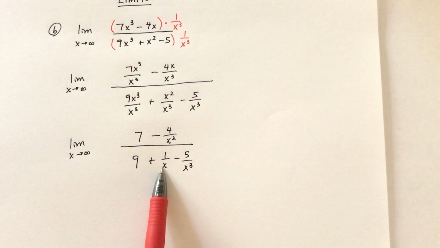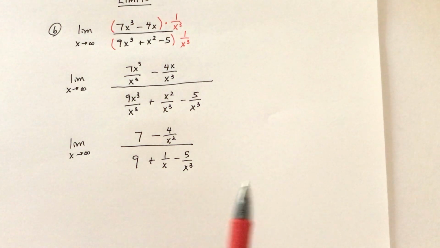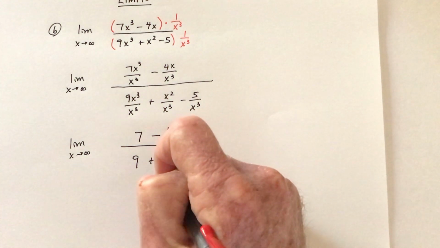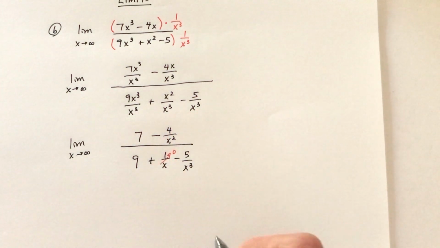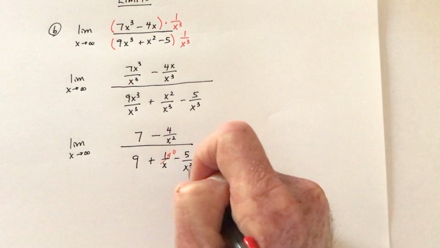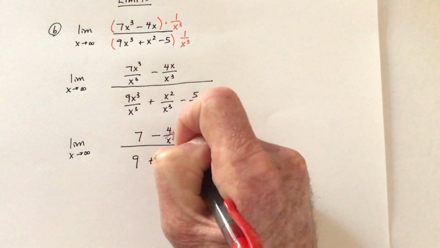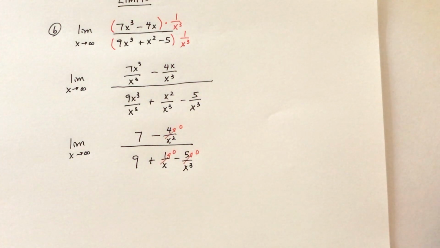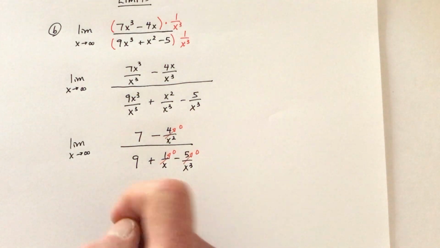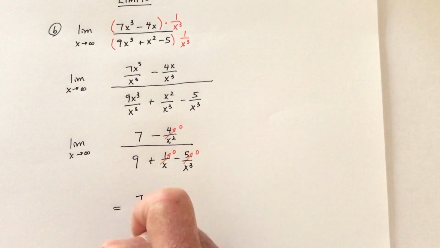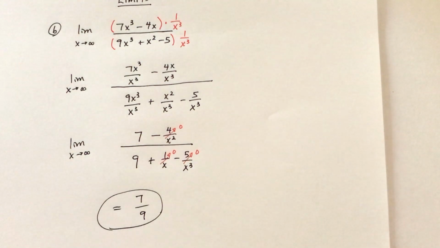Well, if you divide one object into an infinite number of pieces, each piece is going to be so small, it becomes 0. So whenever you have a number divided by x and x is going to infinity, all of these go to 0. Which means that all that's left is a 7 on top and a 9 on bottom, so 7/9 is the answer.